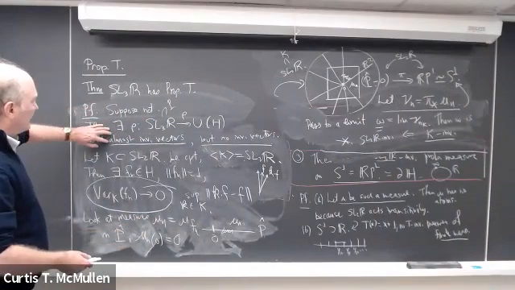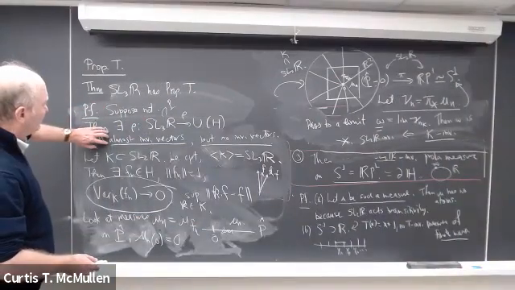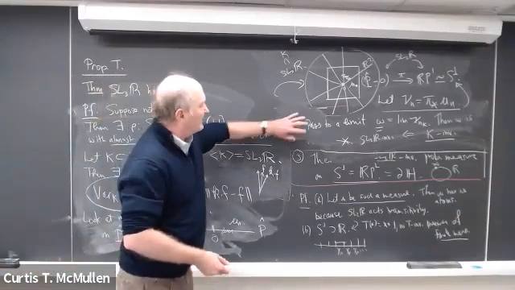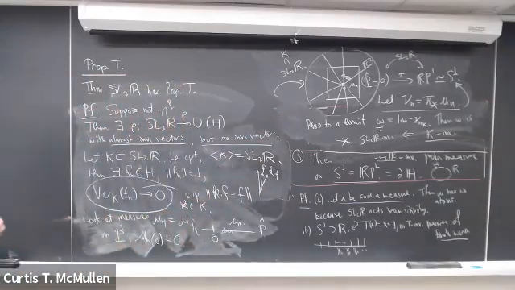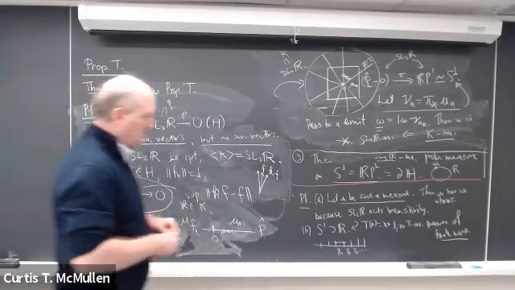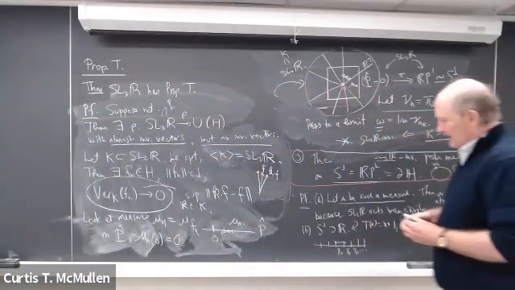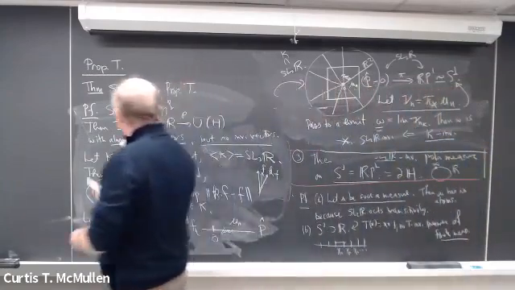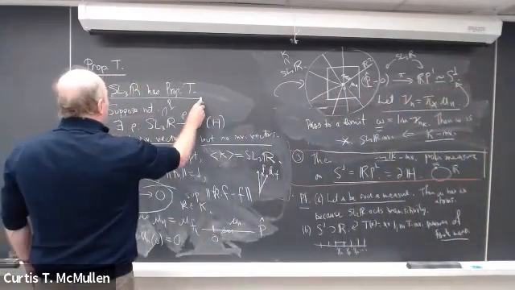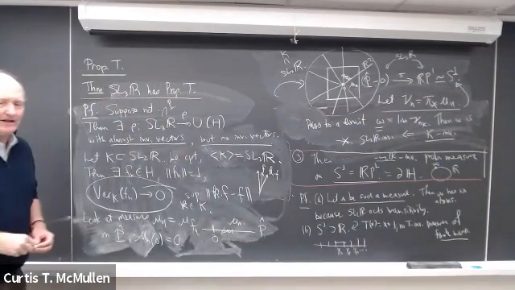In other words, if we didn't have property T, the almost invariant vectors would give rise in the limit to an SL2R invariant measure on the circle. Great. Now, this is already quite striking. And as I mentioned, this holds up not just for SLNR.